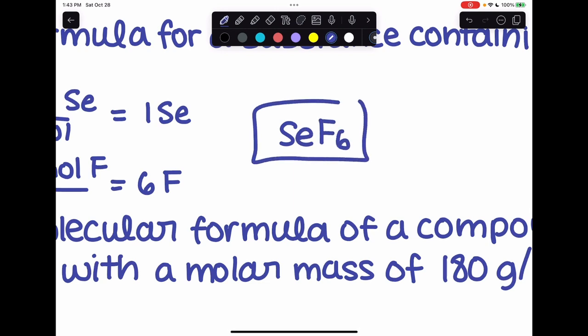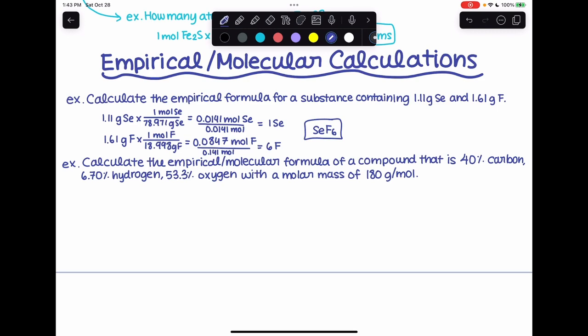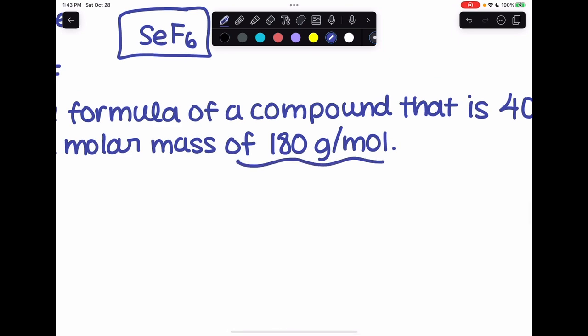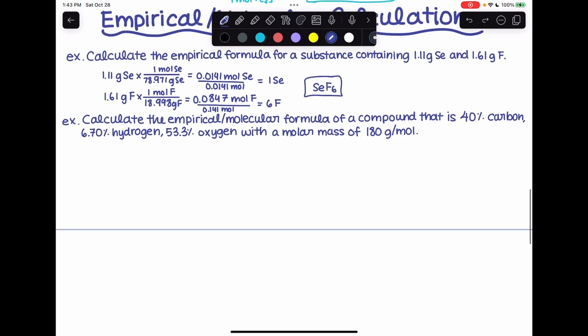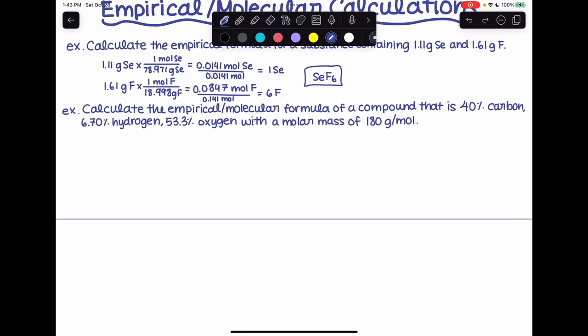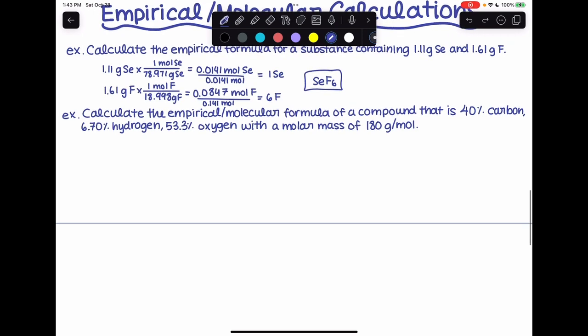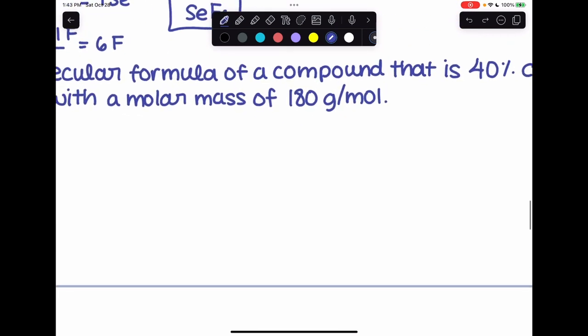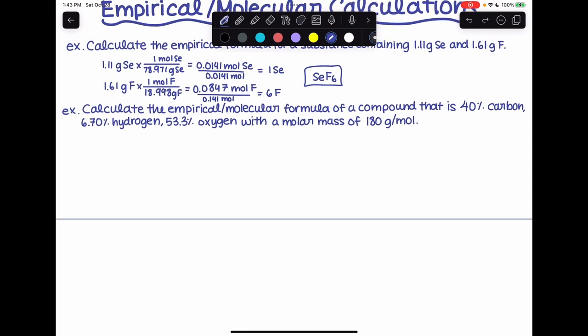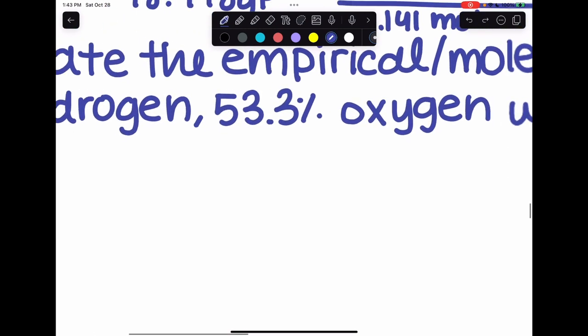Simple enough. Now, a more complex example is with percentages. And we're going to actually calculate the molecular formula as well here. Now, for percentages, we're just going to take any mass at all and just take 40% of it, 6.7% of it, and 53.3% of it.